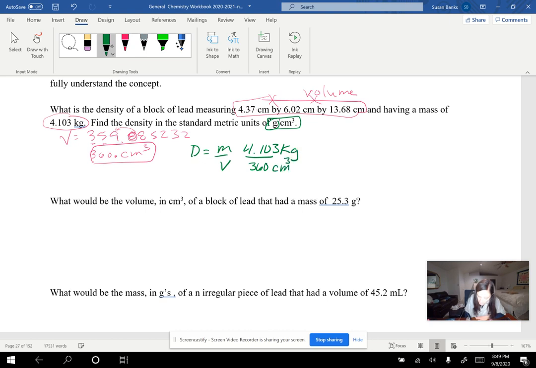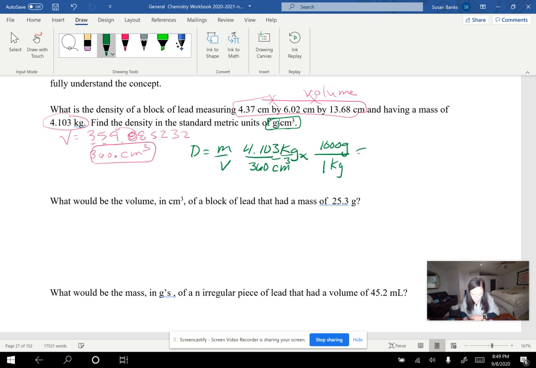My unit on the bottom is exactly what I want, but my unit on the top of kilograms is not what I want. So I want to get it into grams. So let's remember the relationship between kilogram and gram. Kilo means 1,000 of the base unit. So if I have 1 kilogram, that means I have 1,000 of the base unit of grams.